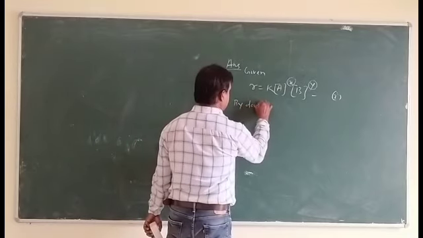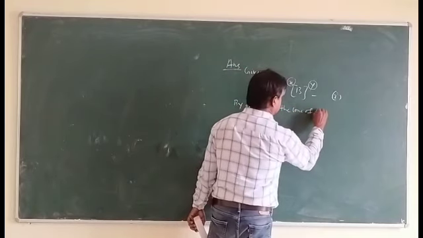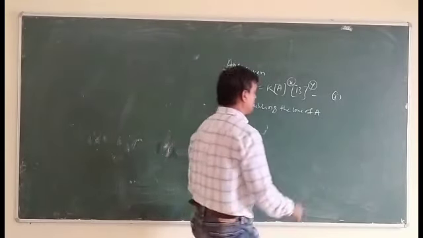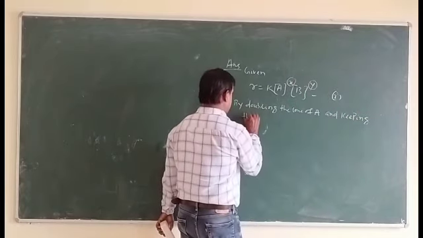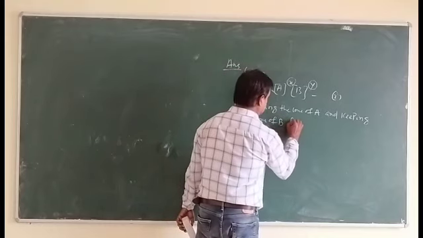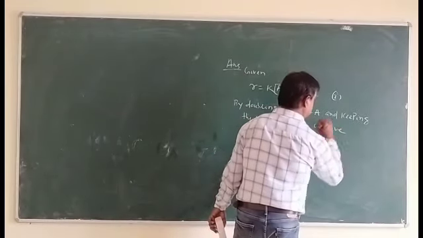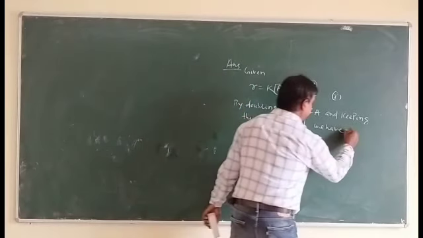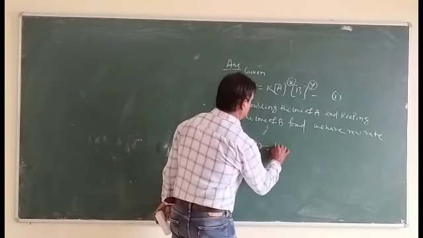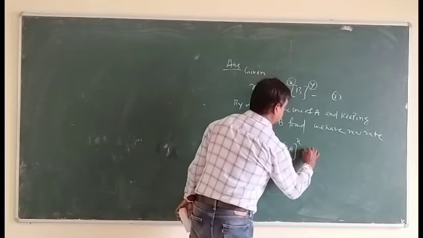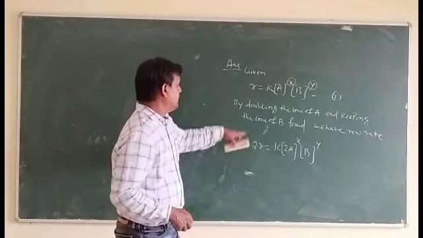By doubling the concentration of A and keeping the concentration of B fixed, the new rate R dash equal to 2R, which is equal to K 2A to the power x B to the power y. Here we put 2A, so the new rate R dash, compared to the original rate, will be double.